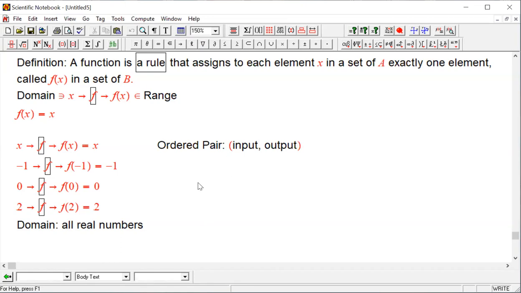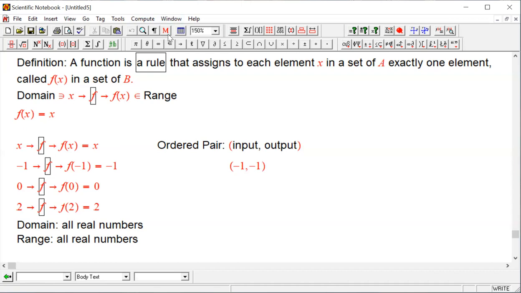For each input, if the input can be all real numbers, what will be the range? The range, of course, is going to be all real numbers because each output is the same as its given input, right? So the ordered pairs we get are: input is -1 and output is -1.